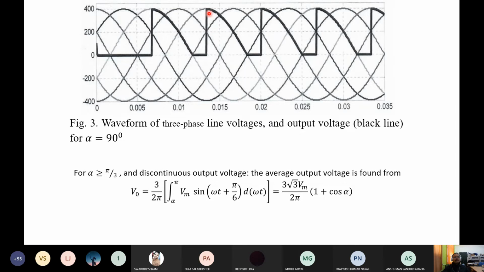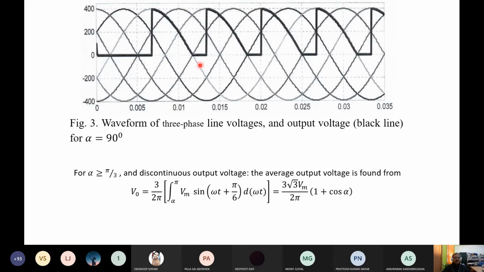Then you trigger S2 here. So like that, 1, 2, 3. So here it is 3. Here is the reference. So 0, 60 plus 60 plus 60, 60, 60.